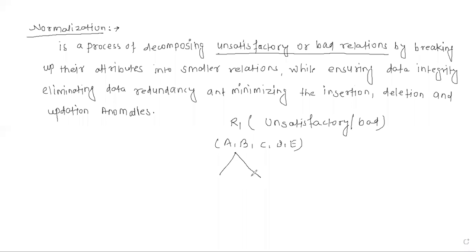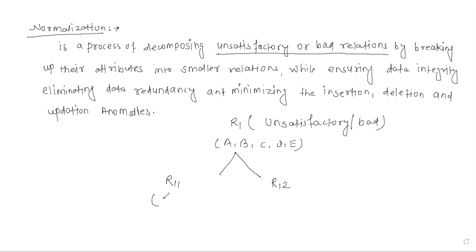It doesn't mean you break the table and skip some of the attributes. No, it is not like that. You are breaking it, for example, into two tables, R11 and R12. R1 is decomposed into two tables. One is R11, another is R12.